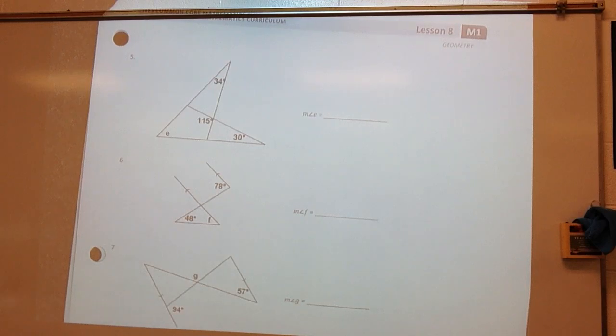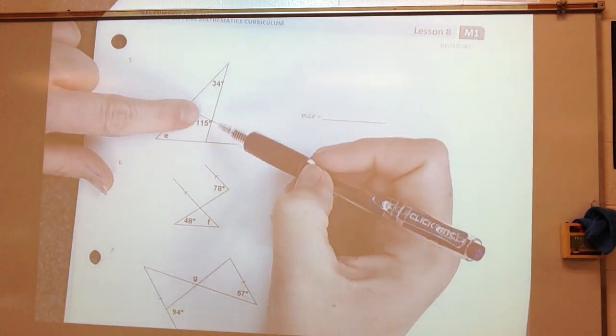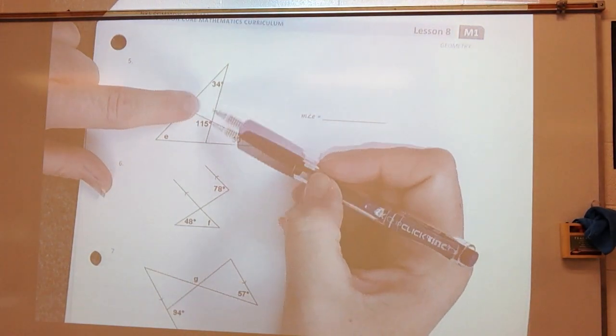so we can do linear pairs. There's no markings of anything being congruent. There's no markings of any angles being congruent. So I need to think about, let's do this.